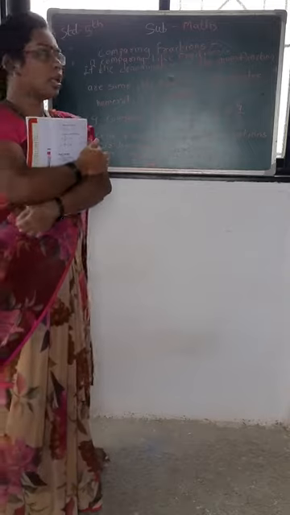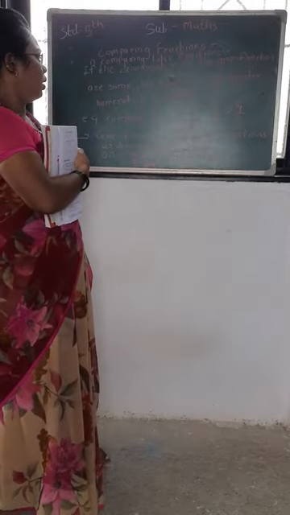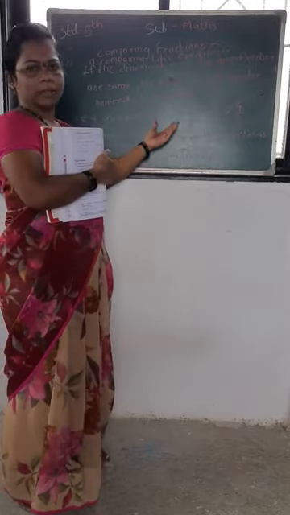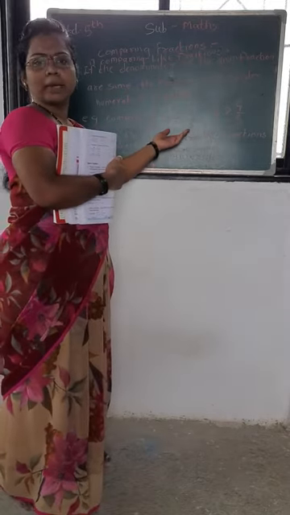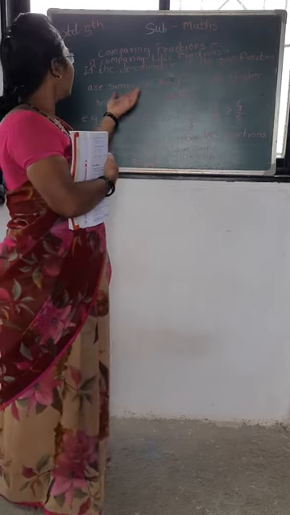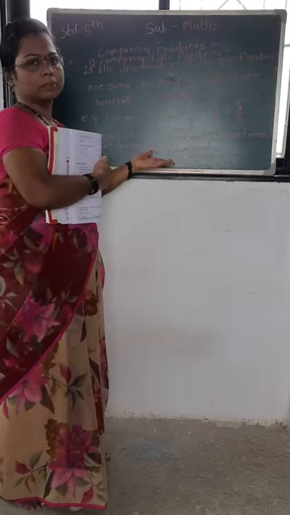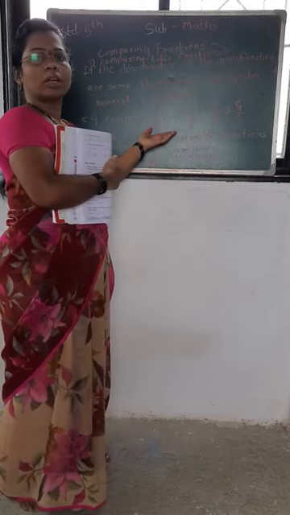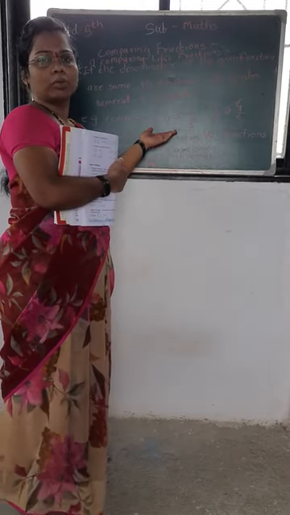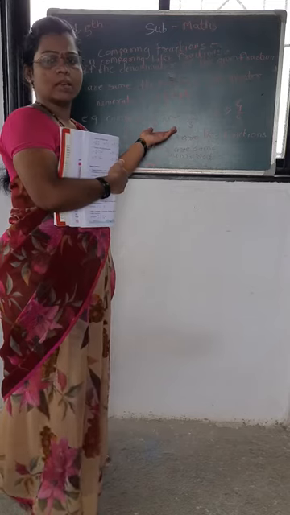Here we see this example. Compare 5 by 8 and 4 by 8. Then the given two fractions are like fractions. Like fraction means that the denominators of the fractions are same.